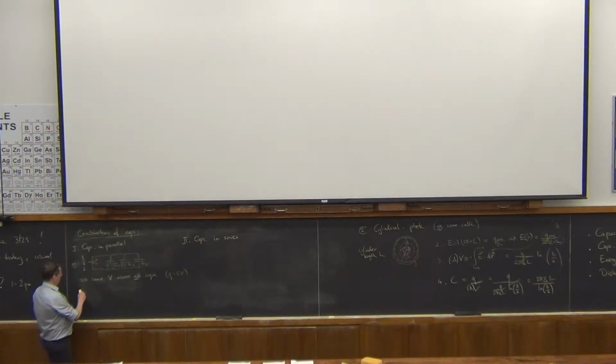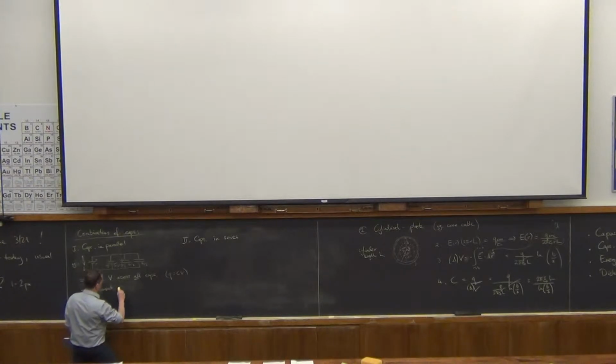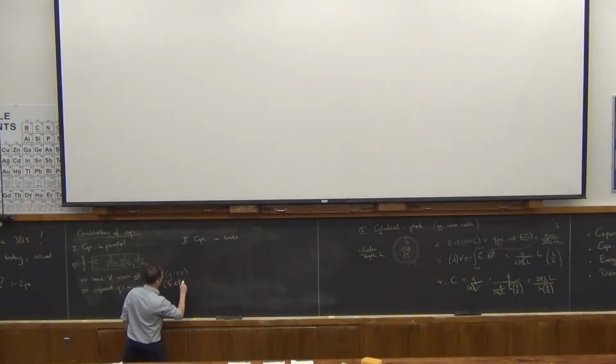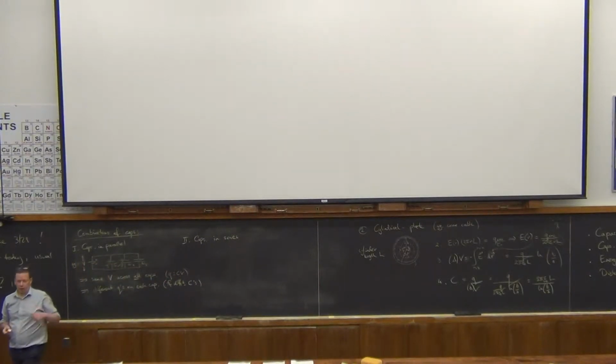What is the total charge? So let me make a statement about that first off. In general, different Q's on each capacitor, assuming they have different capacitances. Okay? What's the total charge stored in this three capacitor setup?